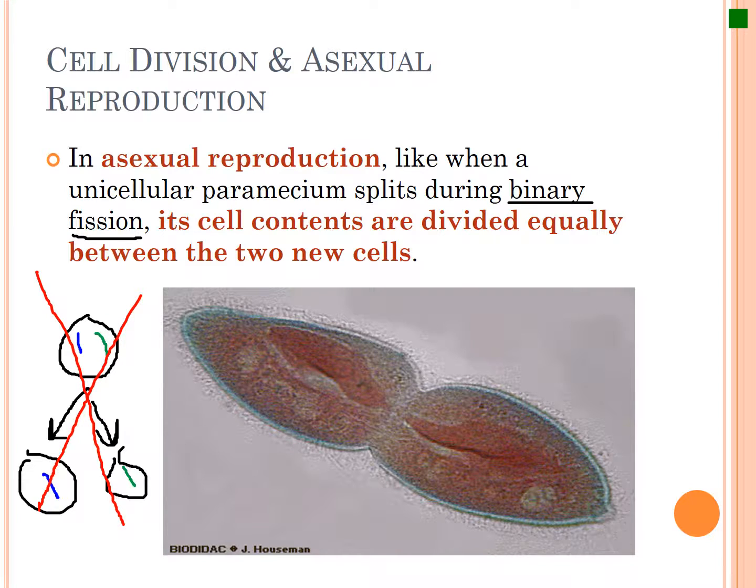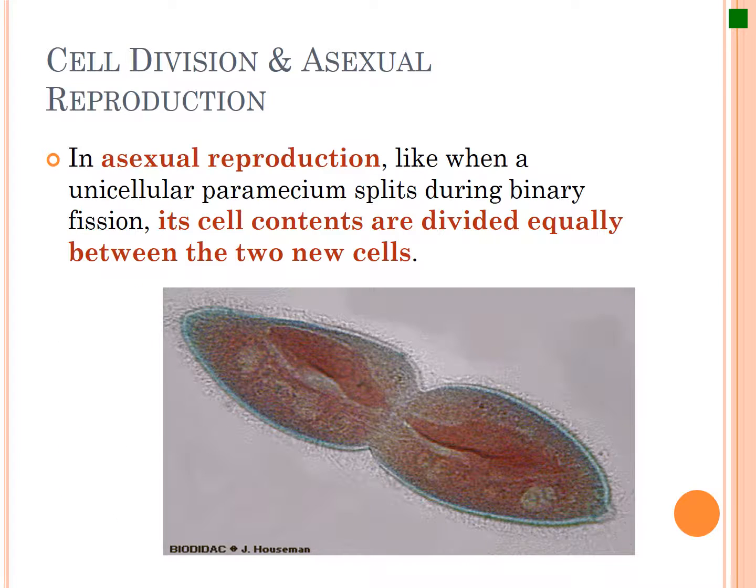But to avoid that kind of situation, the parent cell, having those two chromosomes, there's one chromosome, there's the other chromosome, will actually go ahead and form copies of them. So there's one copy of the chromosome, and then it's going to form another copy of the chromosome.